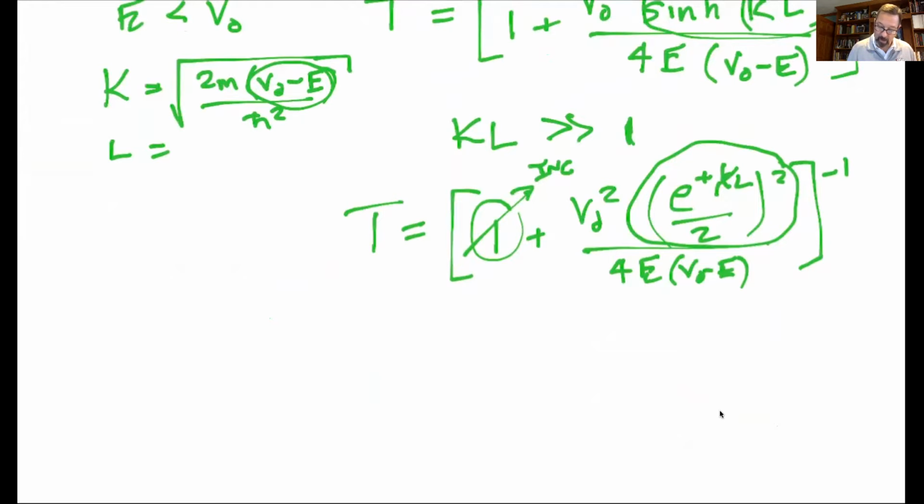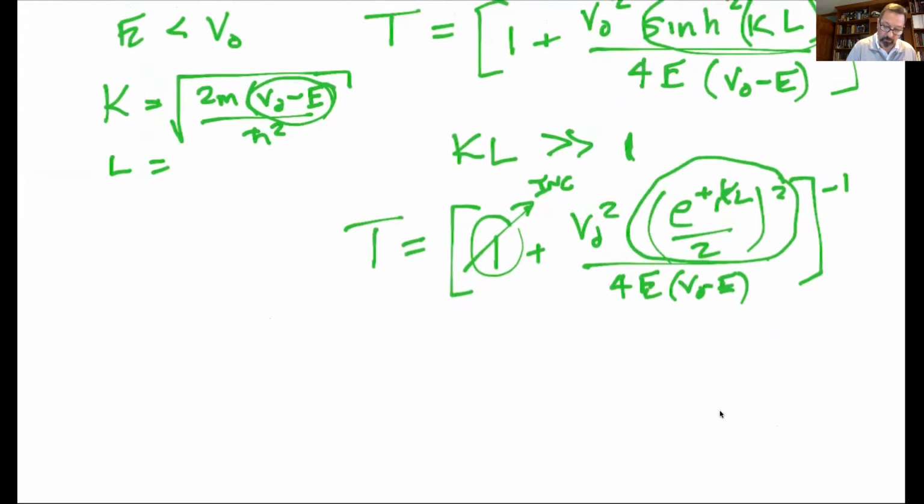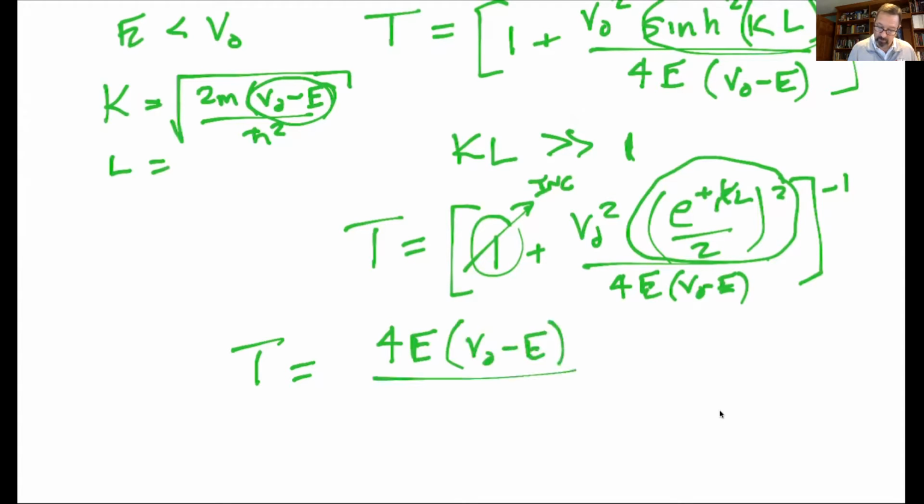If I could ignore that, all I have then is that the transmission coefficient would be, now watch all the terms here, I've got 4E, the total energy of the particle, the difference between the barrier height and the energy of the particle. All that divided by V0 squared. And then I've got E to the, square that, it'll be 2 kappa L. And then that's divided by 4. And I've taken care of my reciprocal right there.